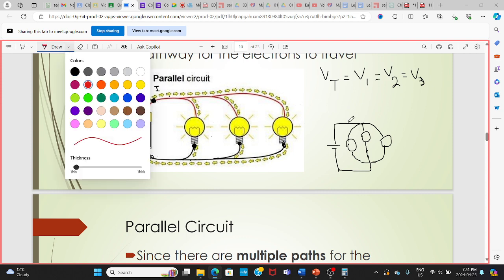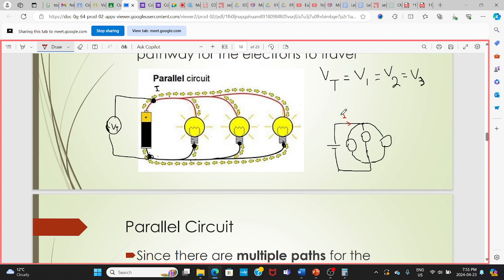So the current comes, some of that goes through the first light bulb, I call it I1. Some of that will go through the second light bulb as I2, and some of that will go through the third light bulb as I3. All right, so I total is equal to I1 plus I2 plus I3.